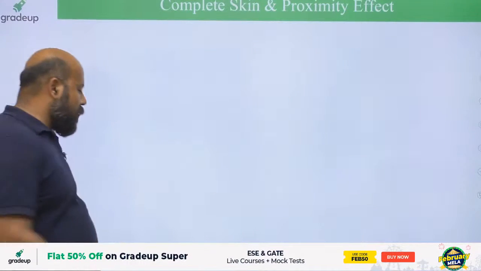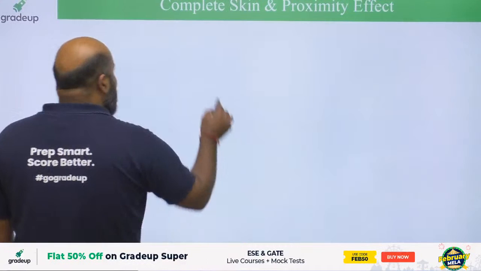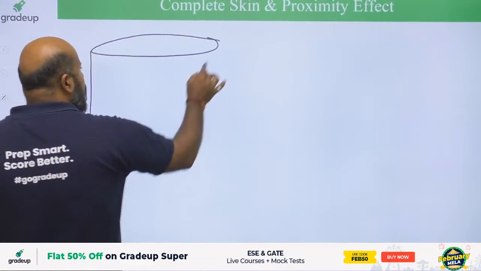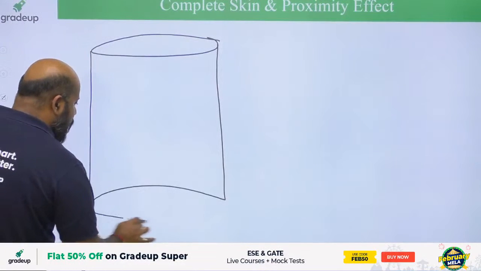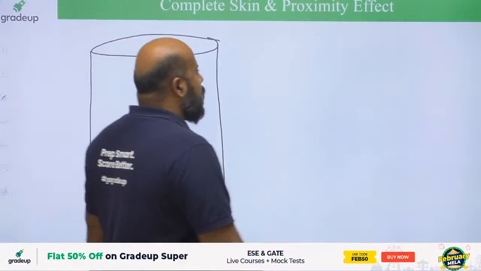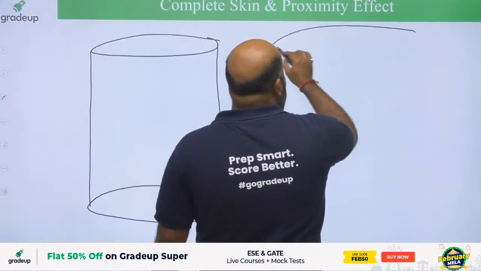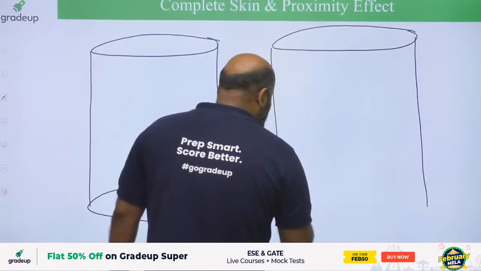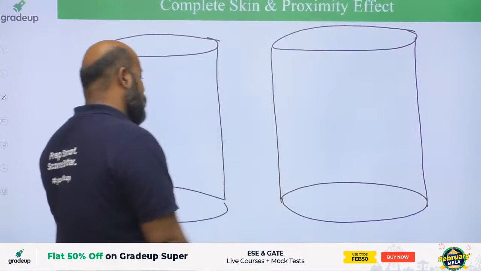Let us try to understand the logic. Now when we are talking about proximity effect, we are going to have two conductors instead of one. Suppose these are the two conductors which are nearby like this.